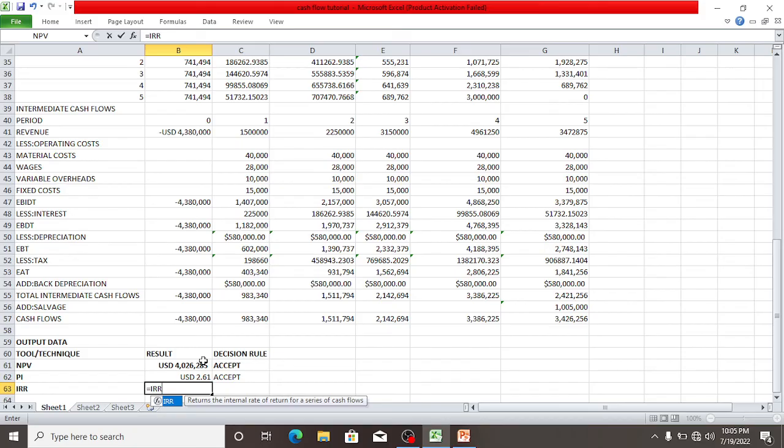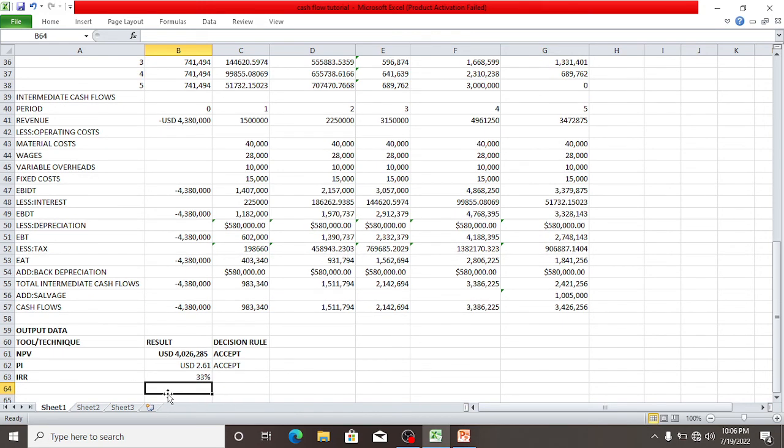So I'm going to highlight all the references from here up to here, and then I close. Let me press the enter button. So it is 33%.